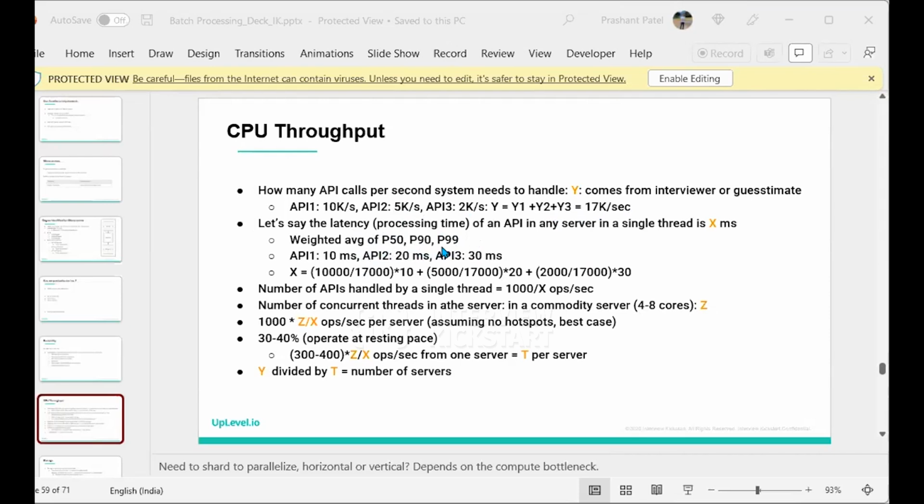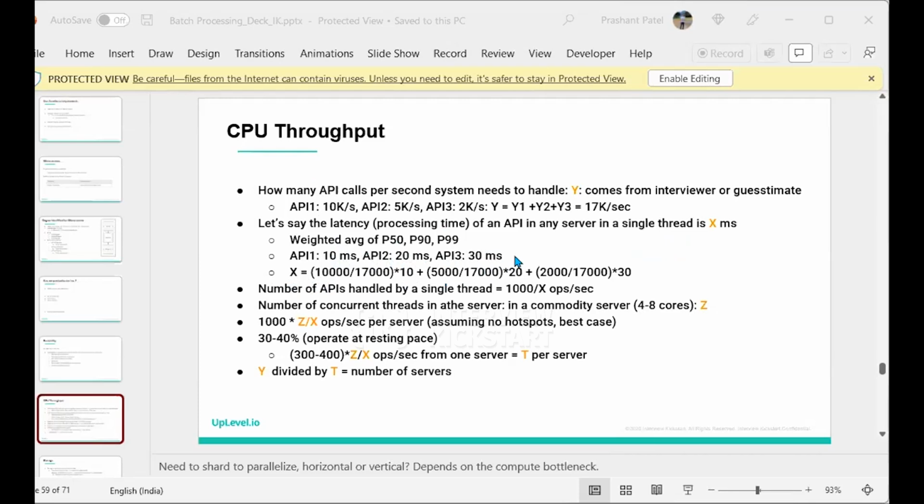So 50, 90 and 99 percentile are the times taken. For API 1, API 2, they are given as 10, 20 and 30 milliseconds. Overall, the system is taking close to 70 to 80 milliseconds, which is around 100. So here we are considering the processing time for a single thread.